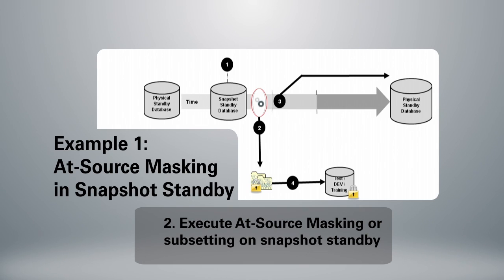That means we're not changing the data within the standby database, but what we're doing is exporting the data that is required to be masked and creating a dump file. As you can see, what follows next is once you've created your dump file that is masked, and that can also be subsetted, so you can use at-source data subsetting, right? And then integrated with data masking, now you have a dump file.